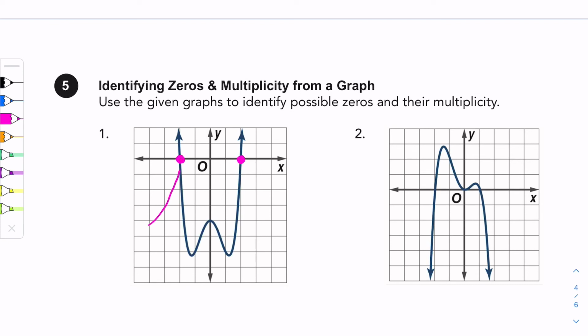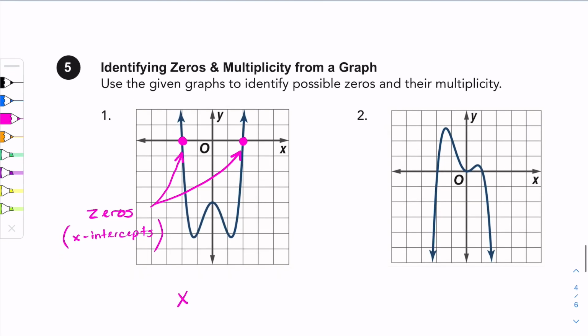We can either call these zeros or we can call them x-intercepts. I know that one of them happens at x equals negative 2, and the other occurs at x equals positive 2.